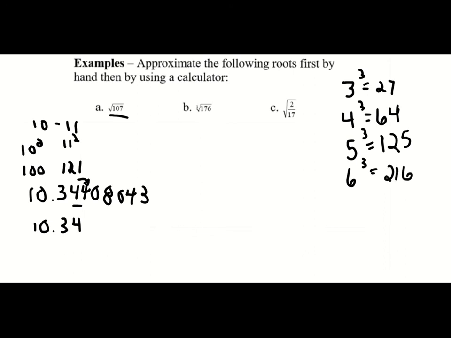So if we're looking at this list, the cubed root of 176 is going to be between which of these whole numbers? Hopefully you can see it goes right here, between 5 and 6. So my answer is going to be 5 point something. So I'm going to do the cubed root of 176 on my calculator.